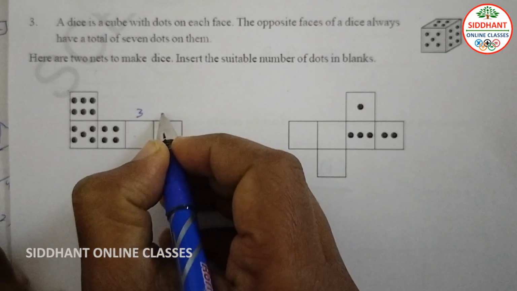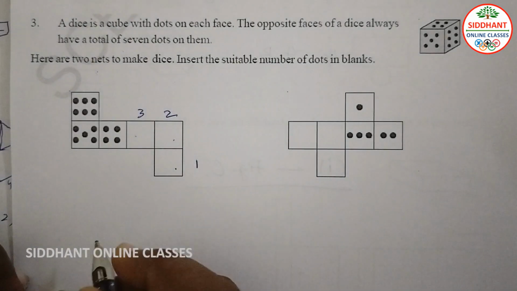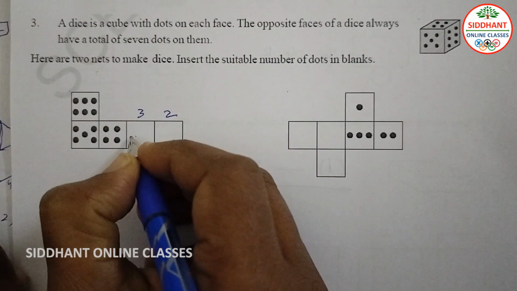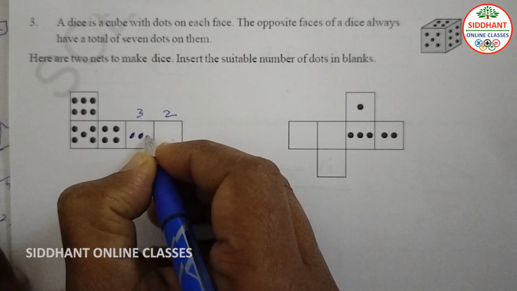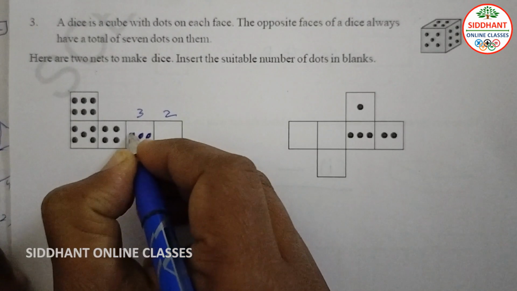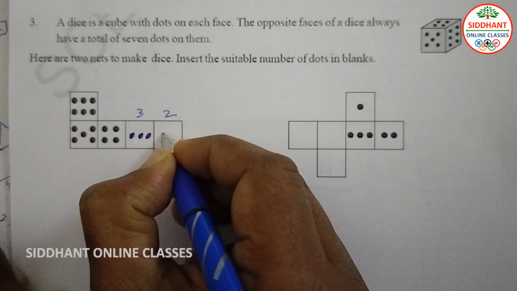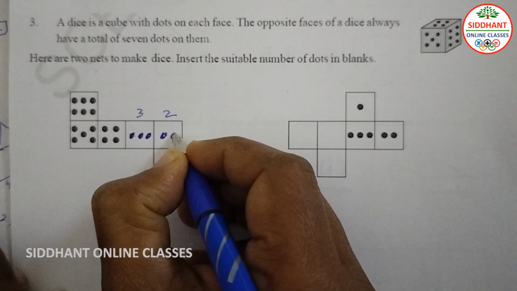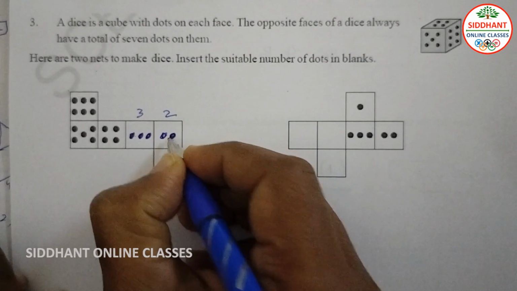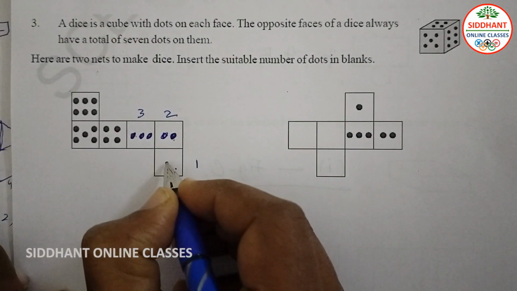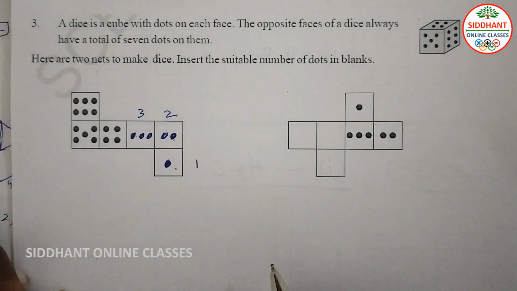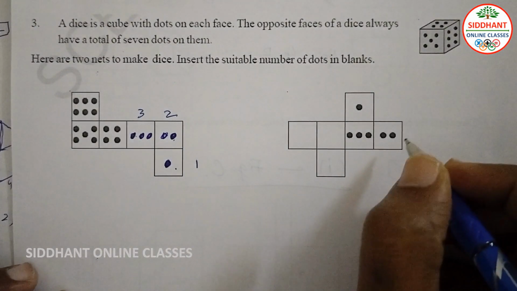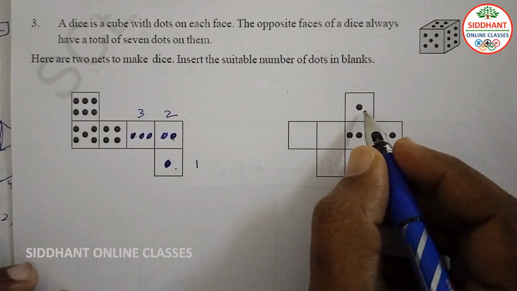So when you see the dots, this will be 3 dots, this will be 2 dots, and this will be 1 dot.